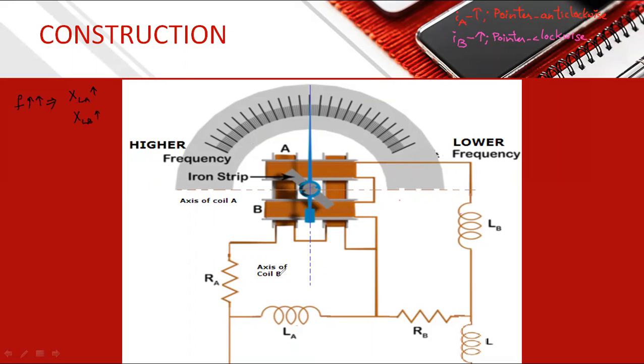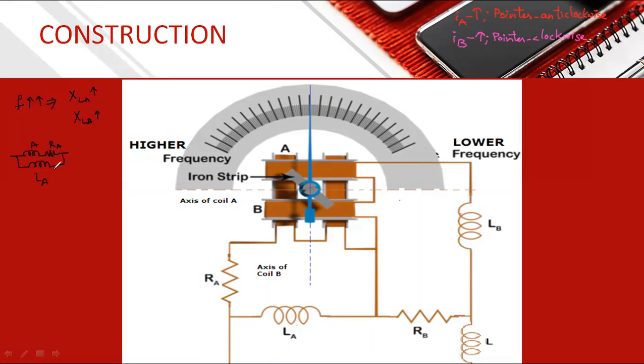If we see the current flow through coil A and coil B, let me draw it here. We have seen that this is coil A, suppose. Coil A is connected in series with RA and this is connected in parallel with LA.